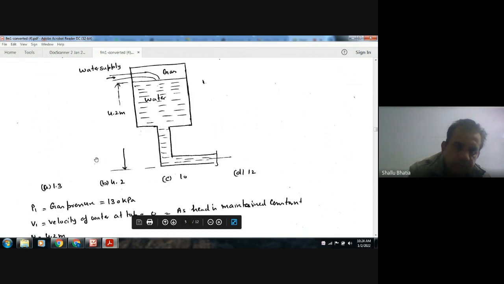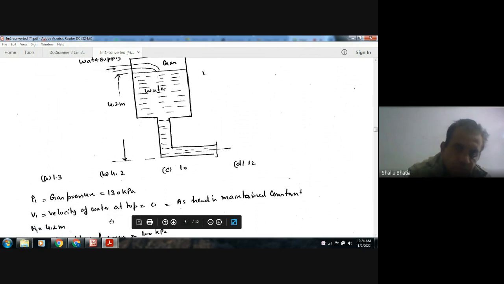Now the gas pressure is given as 130 kPa. So the pressure here is 130 kPa. And we can assume that velocity at this level is zero. Now this level is 4.2 meter above this level. Here the pressure is atmospheric.